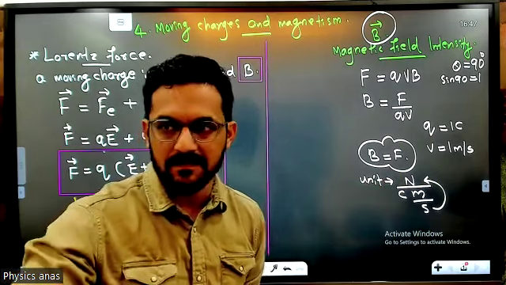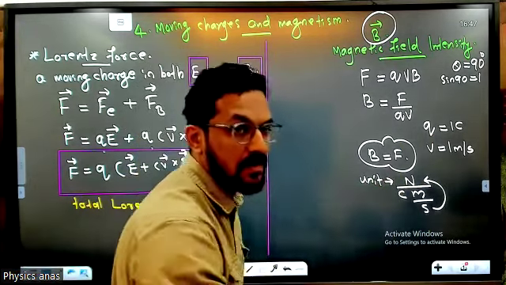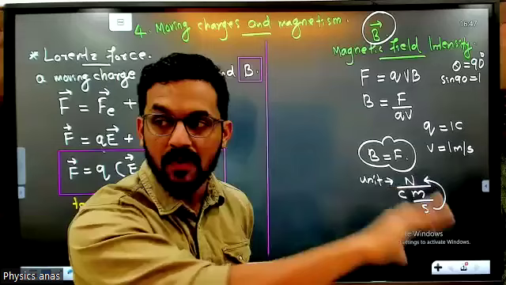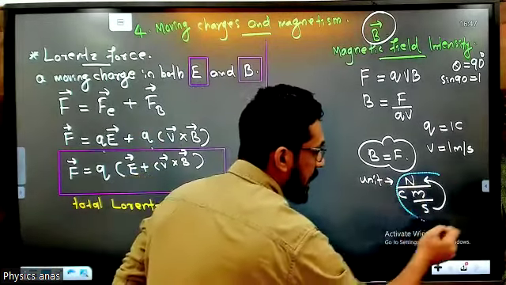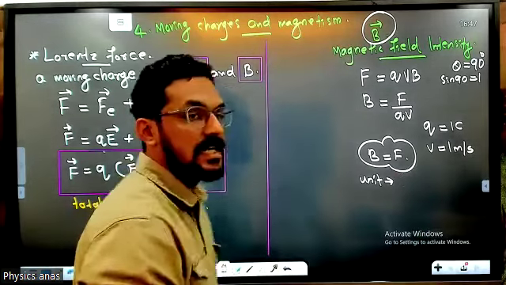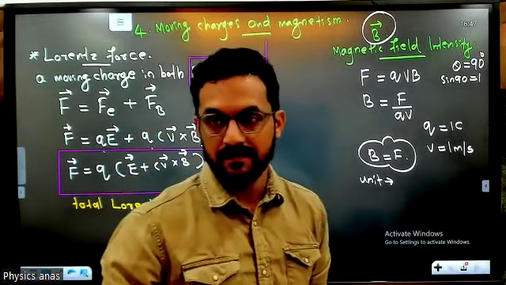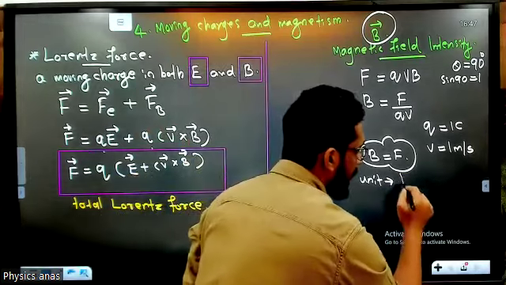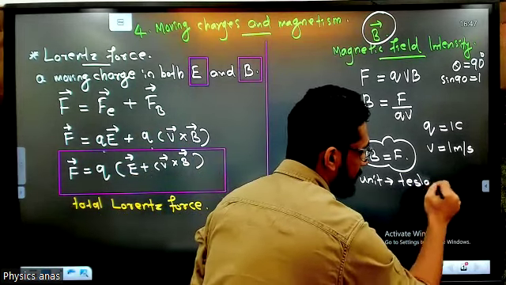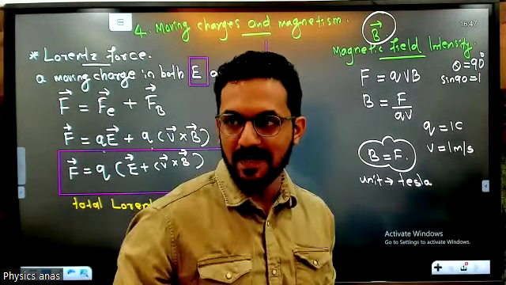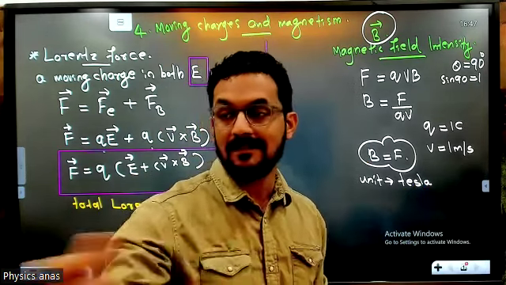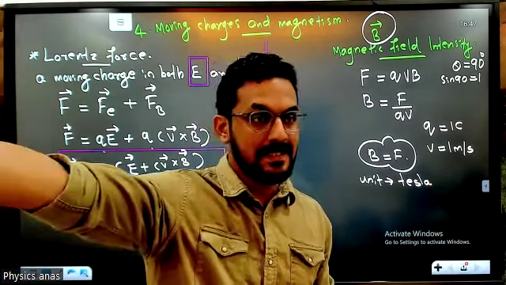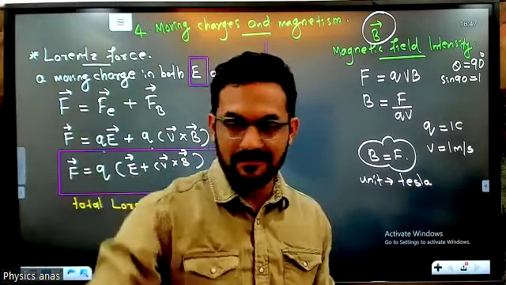If you see such type of unit anywhere, you have to understand this is the unit of magnetic field intensity. But we are using another unit for magnetic field intensity, that is Tesla. Tesla cars, Tesla trucks, Cybertruck, the Elon Musk company.